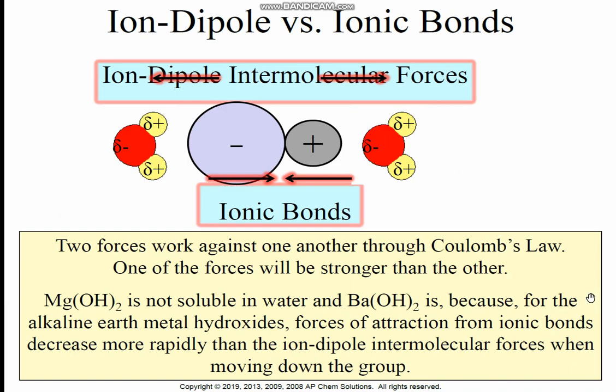These two forces work against one another through Coulomb's law. The lattice energy accounts for the cation-anion attraction, and hydration energy accounts for the ion-dipole attractions that are going to try to pull the ions away from one another. Now for alkaline earth metals, I will show you a periodic table real quick.